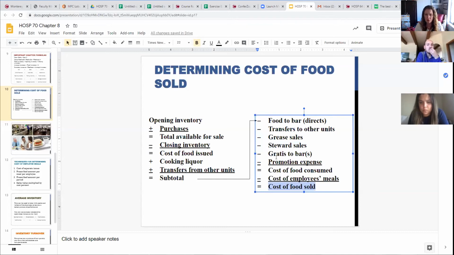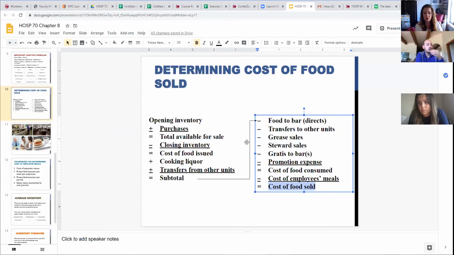Okay, so gratis to bars, that's if you have, some restaurants will have food that they send as part of a happy hour promotion. So I've been to a restaurant in Salinas where sometimes they do a happy hour where they have a charcuterie board. Well, that charcuterie board is given away for free.